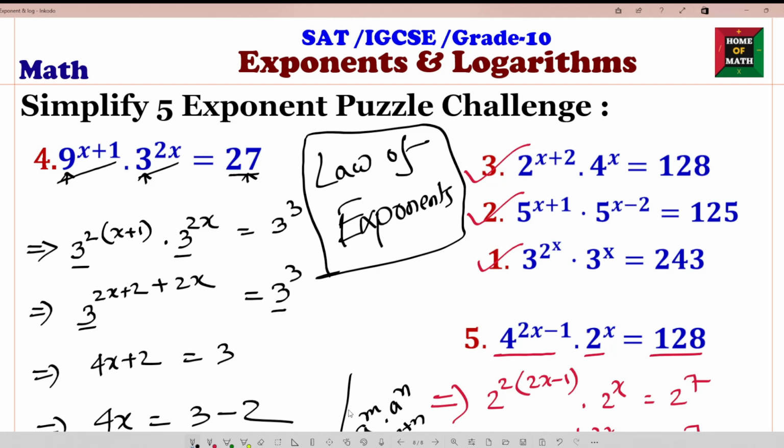And here most questions look similar, which means you need more and more practice. In this video we followed a to the power m times a to the power n. In the next video we will try some challenges about negative exponents, which is a to the power minus n equals 1 divided by a to the power n.